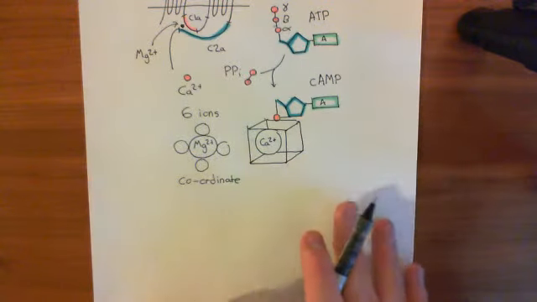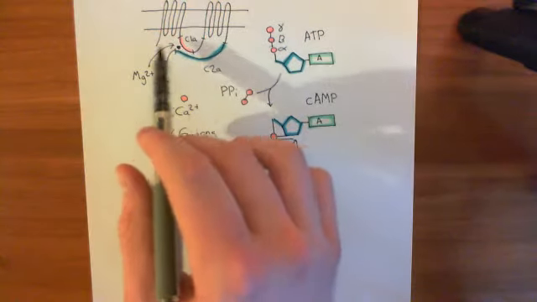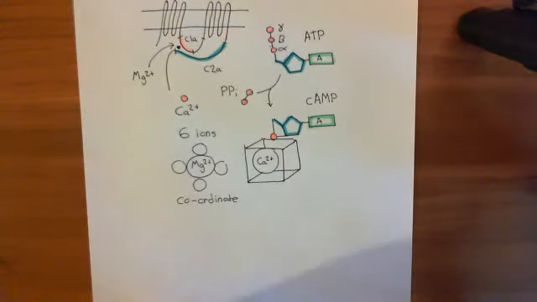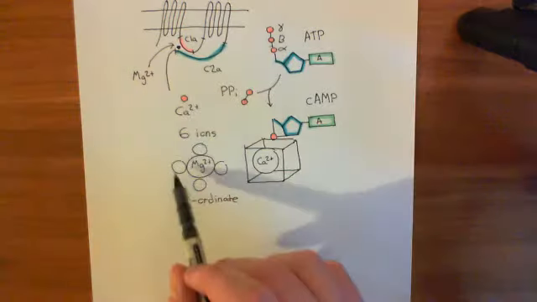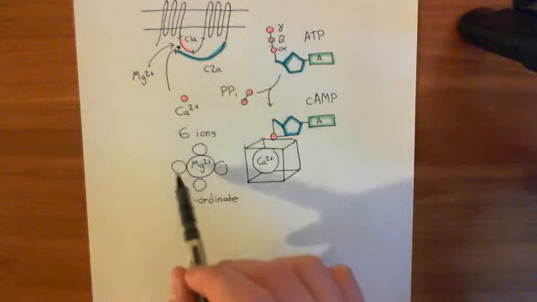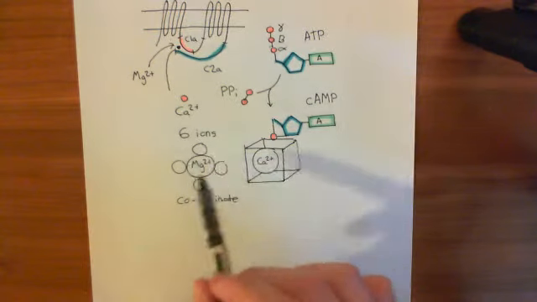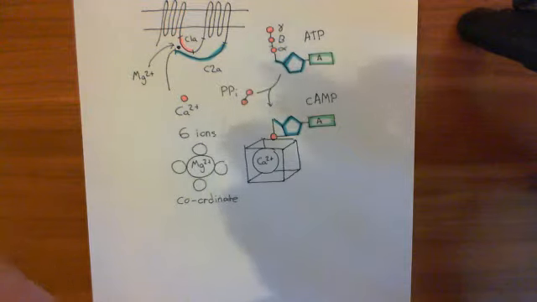Basically, the way that you shove the cyclic AMP and the pyrophosphate out of the active site of the enzyme in the case where you have magnesium is that you bring in portions of the protein which interact with the magnesium ion. So you bring in 6 things which interact with the magnesium ion, and then there's no spare bonds for the pyrophosphate or the cyclic AMP, so they leave.